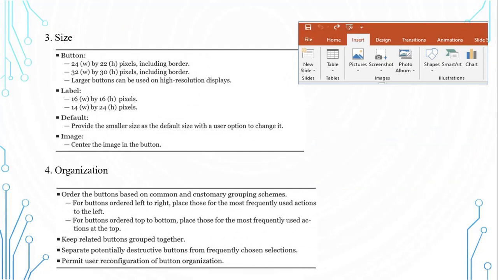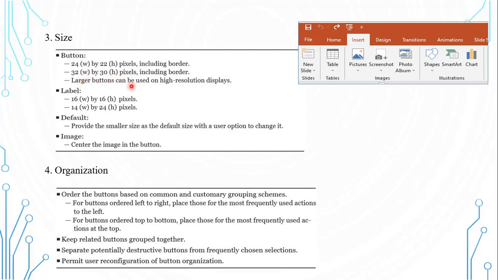Let us understand the size of these toolbar buttons. It should be 24 pixels in width and 22 pixels in height, including the border. For larger buttons you can have 32 pixels width by 30 pixels height.